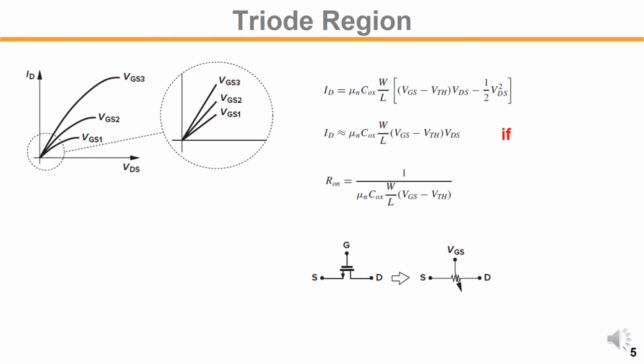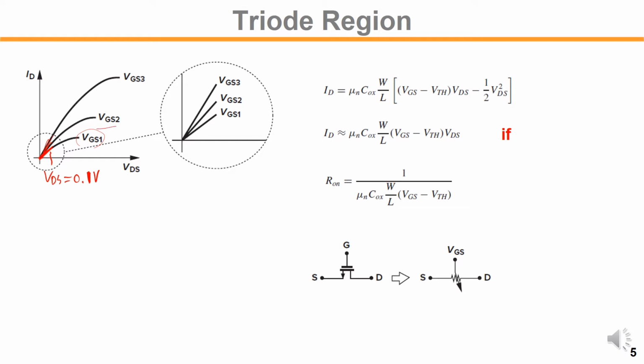In the previous example, we limited our case to VDS around 0.1 volt. In that case, if we change VDS, the current changes linearly like this. If you zoom in on this region, this linear variation is set by a certain VGS.